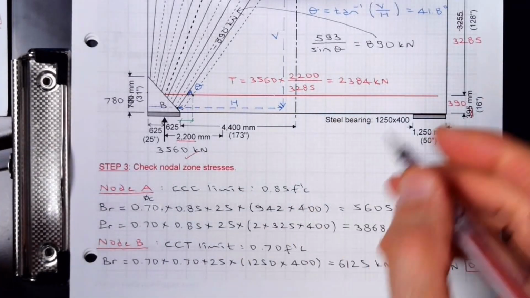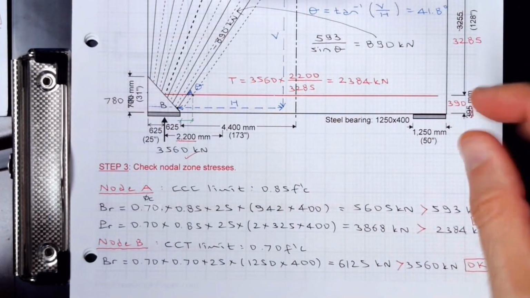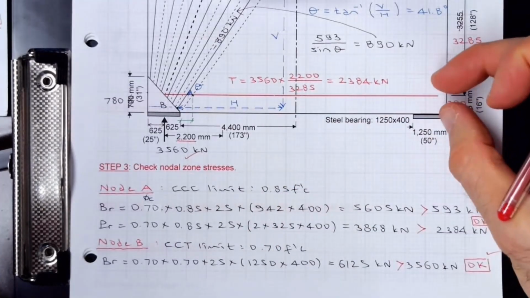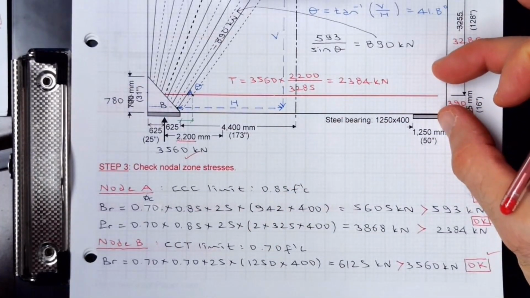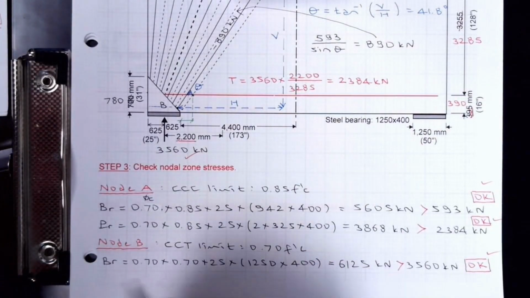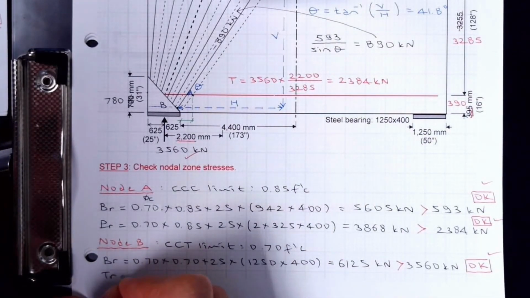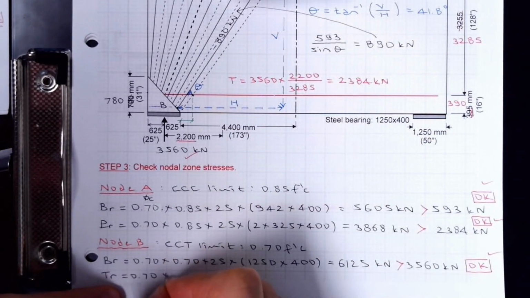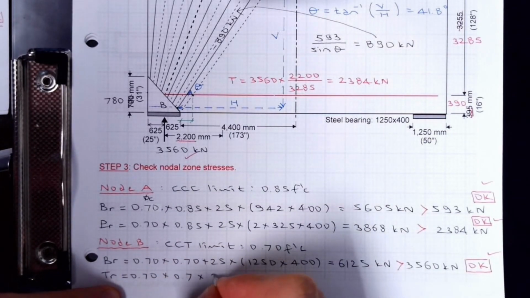Finally, I would like to check 390. I allocated 390 times 2 for this tension. So I'm going to check whether the width of the tie is sufficient or not. So TR would be absolutely the same multiplier, same node, everything the same in terms of multiplier.